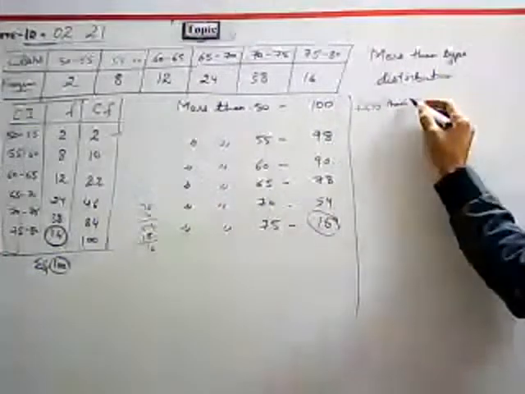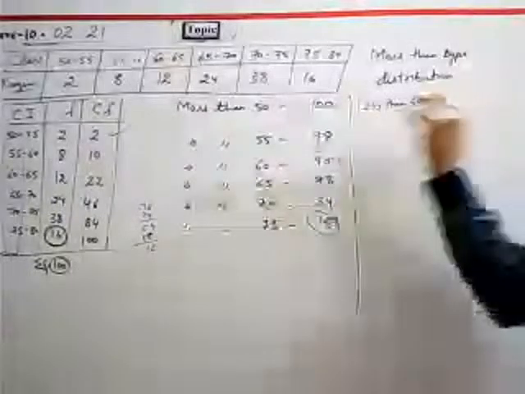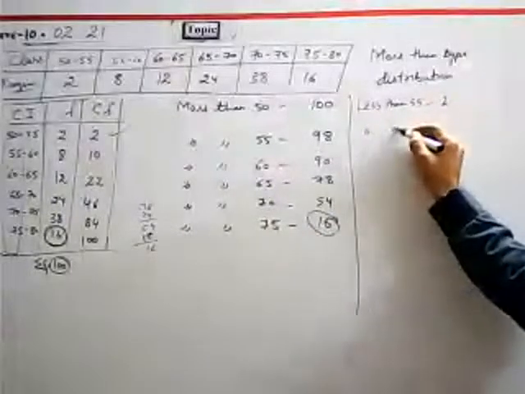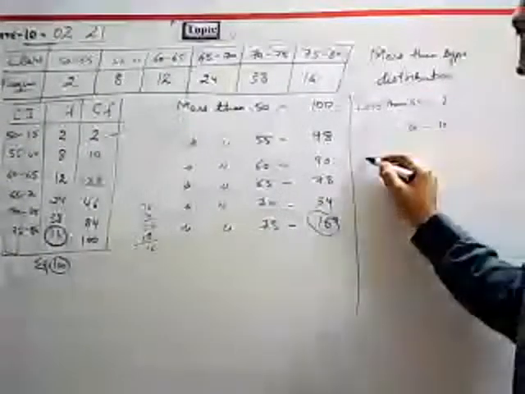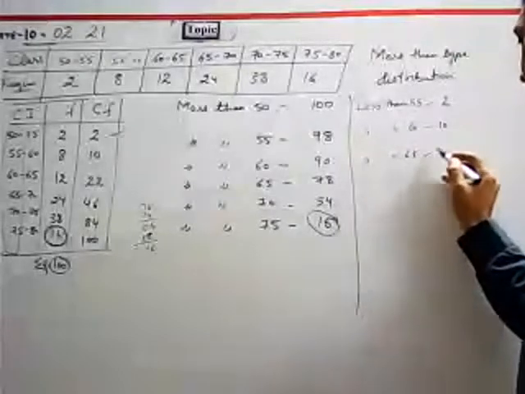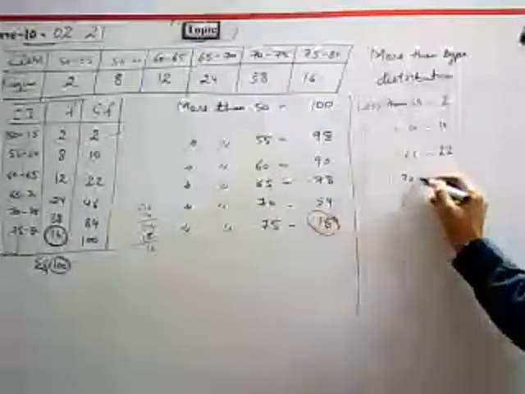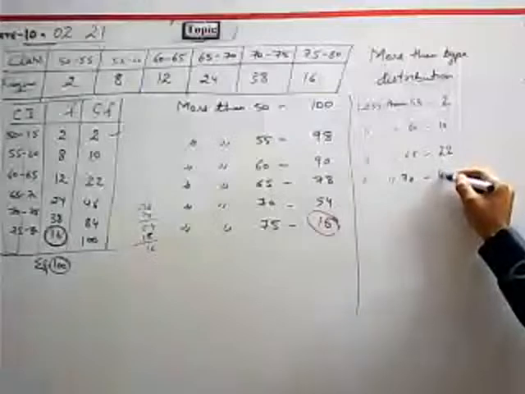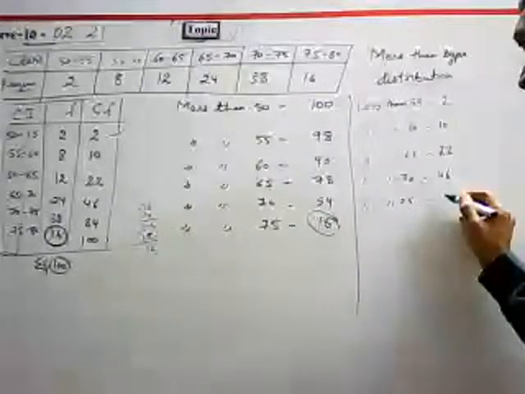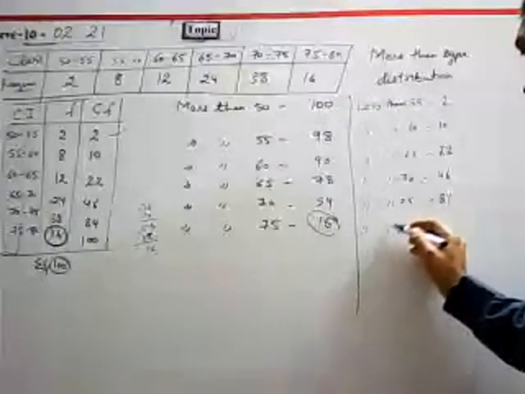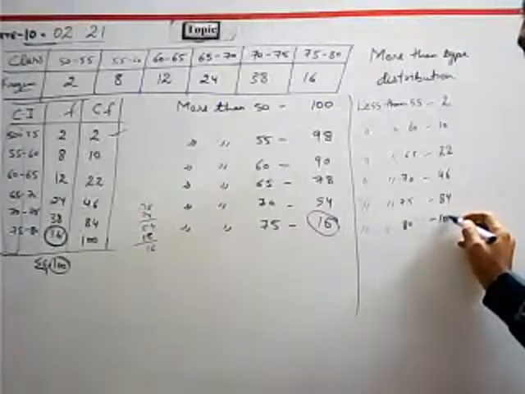On the right hand side we take less than 55, that is 2, less than 60, that is 10, less than 65, that is 22, less than 70, that is 46, less than 75, that is 84, and less than 80, that is all 100, right?